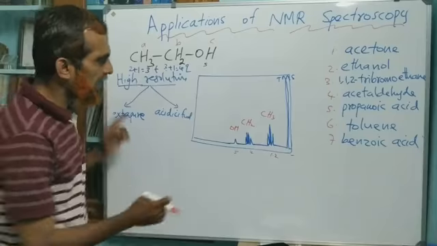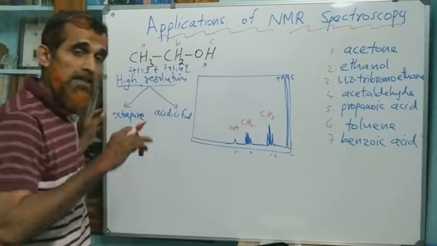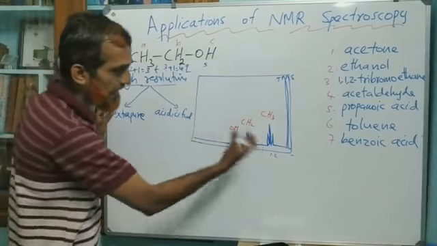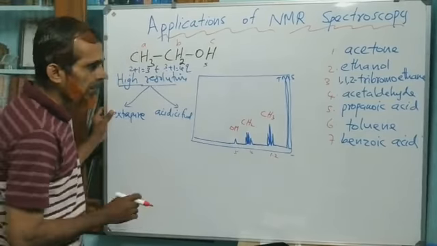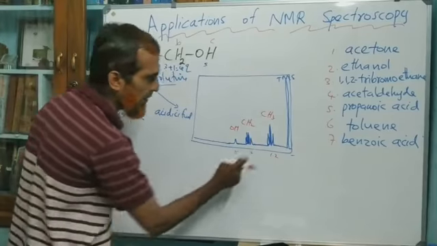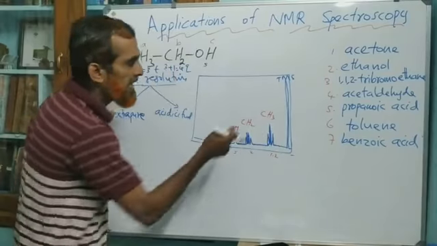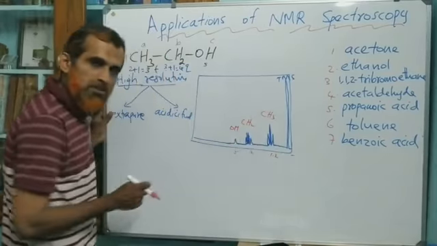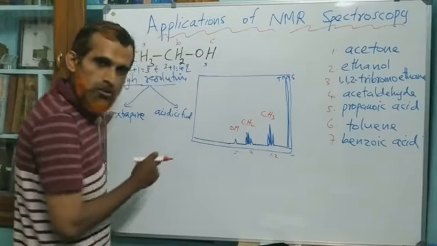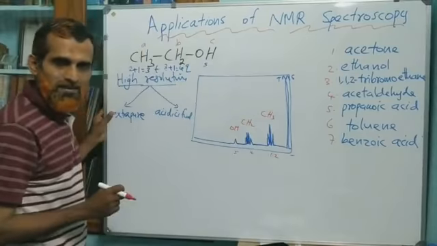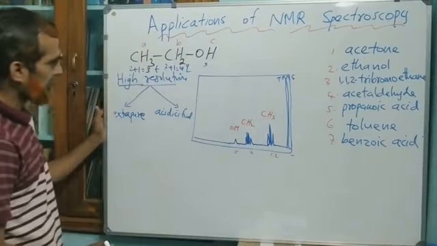Thirdly, the chemical shift value tells you about the chemical environment of each proton, how far it is shielded or deshielded. And finally, the multiplicity. For example, this CH3 signal split into triplet tells you what? That CH3 is connected to CH2. That's why it is split into a triplet. These are the 4 pieces of information.